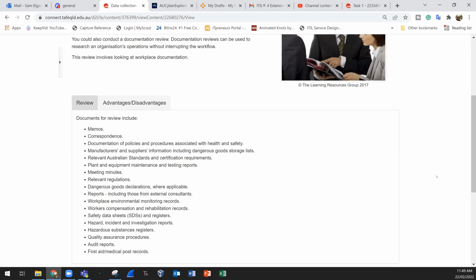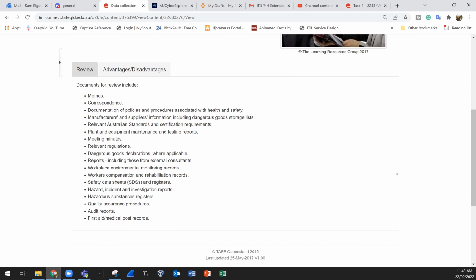So documents for reviews can include memos, correspondence, different policies, procedures, some suppliers' information like dangerous goods storage lists, how to do that, relevant Australian standards and certification requirements, plant and equipment maintenance and testing reports, meeting minutes, in addition to agendas, relevant regulations, dangerous goods declaration where applicable, different reports.